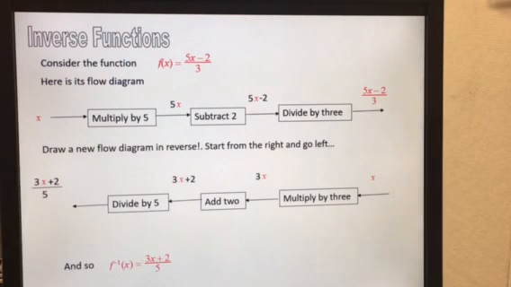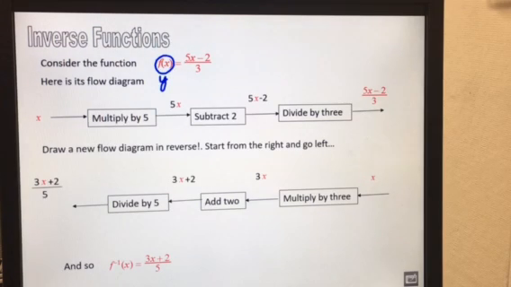So this is the intuitive process, but what we are going to learn is how to find the inverse using an algebraic approach. As I've mentioned earlier, what happens is the input and the output are switched. So if f of x is the given output, I'm going to change that to y.